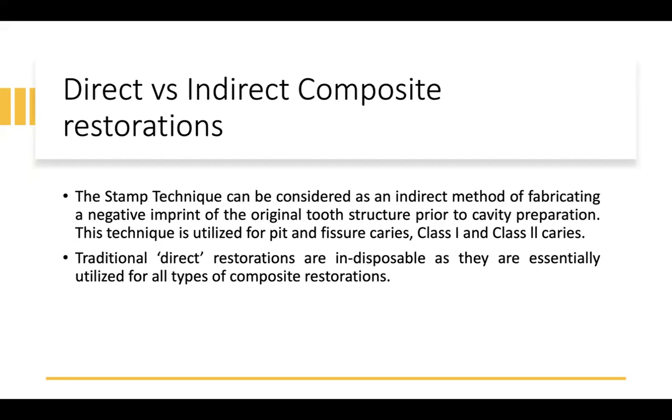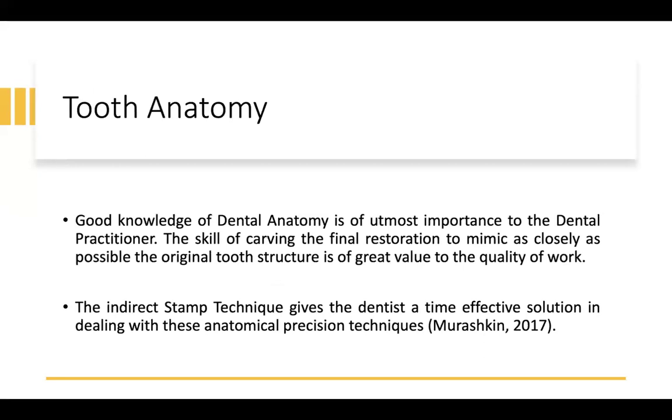This technique is utilized for pit and fissure caries, class 1 and class 2 caries. The direct restorations, however, are indispensable because they can be used for all types of composite restorations. Good knowledge of dental anatomy is still of the utmost importance to the dental practitioner, so by no means is this new technique going to replace that.